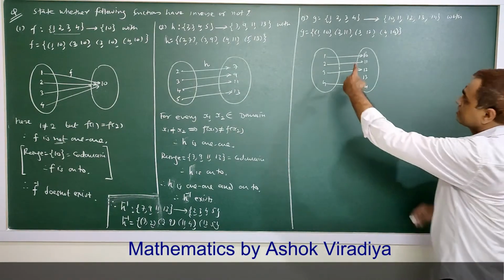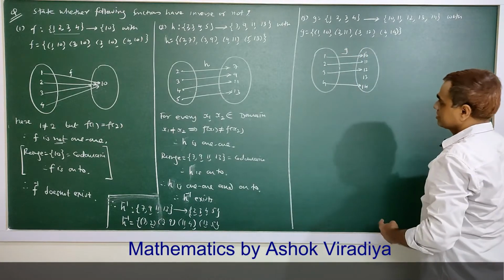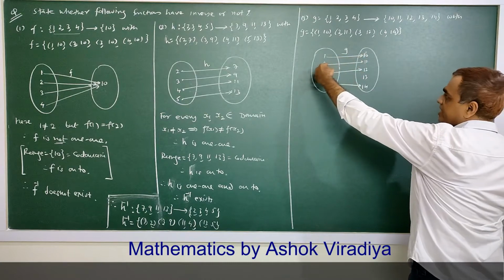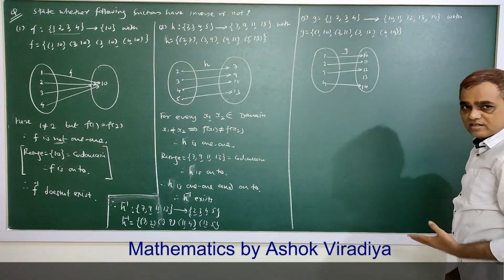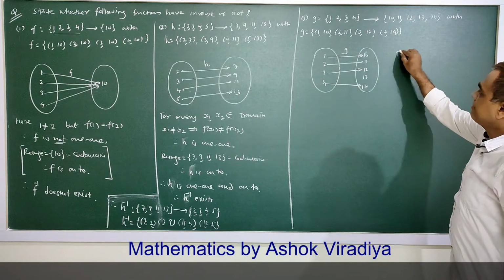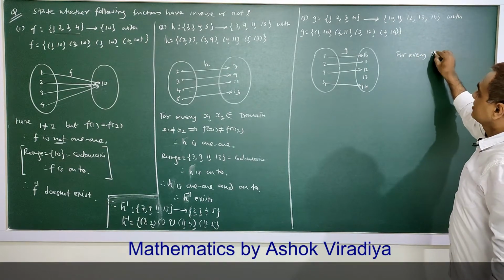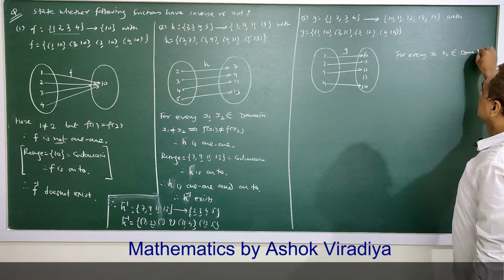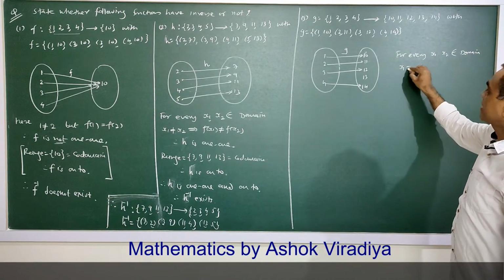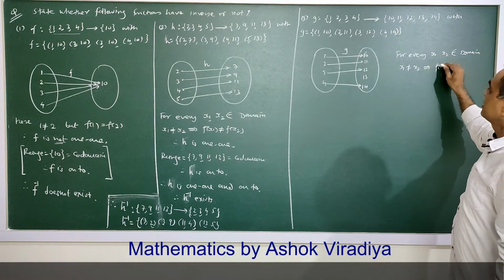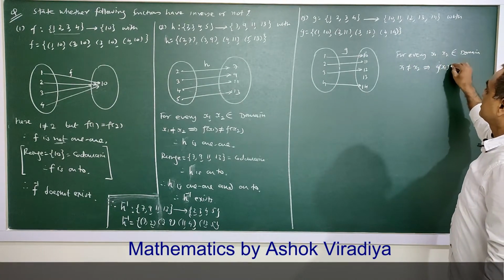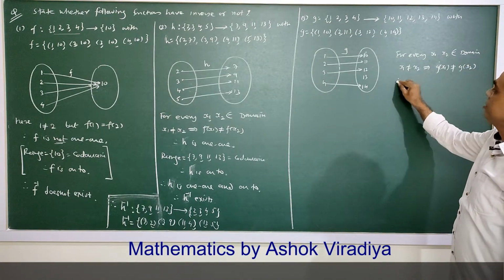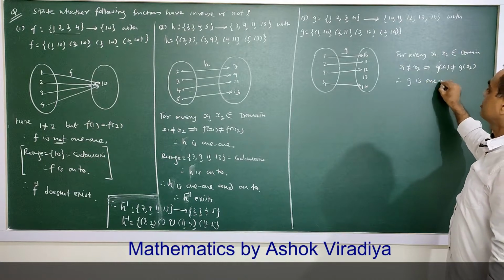You can see that by function g, distinct inputs have distinct outputs. So for every x1, x2 belonging to the domain, x1 not equal to x2 implies g(x1) not equal to g(x2). So here g is 1-1.